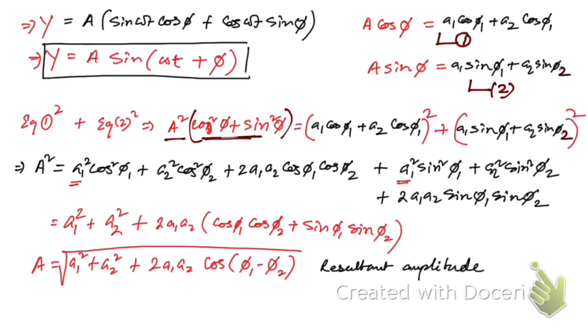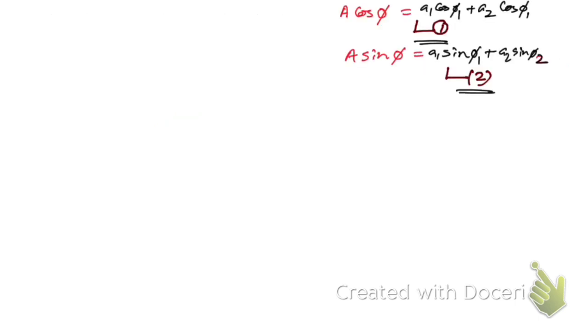Now let's find this phi. Again, we divide equation number 2 by equation number 1. Let me copy these two equations and take a new slide. So these are the two equations.